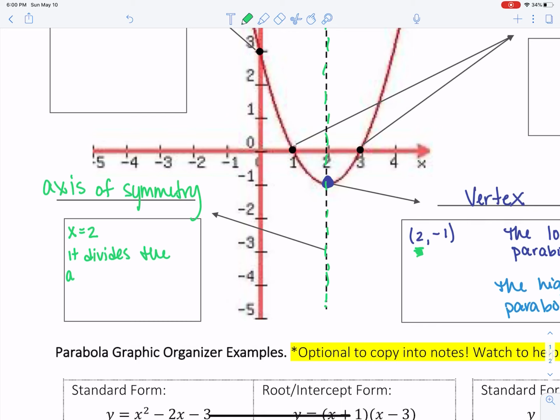into 2 symmetrical parts. And it goes through the vertex.